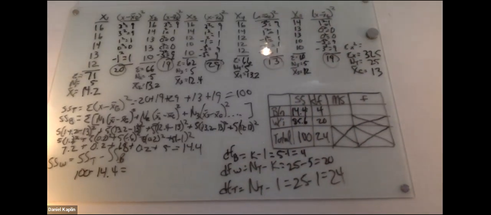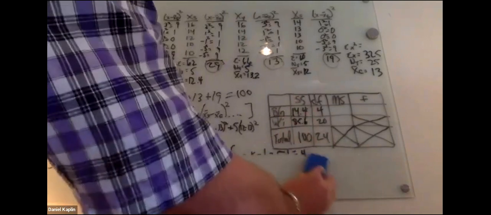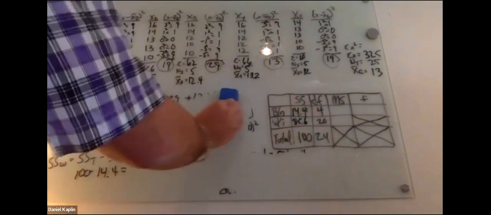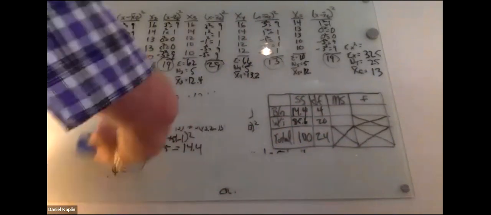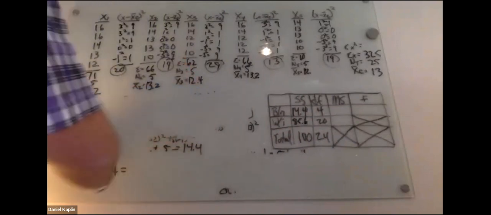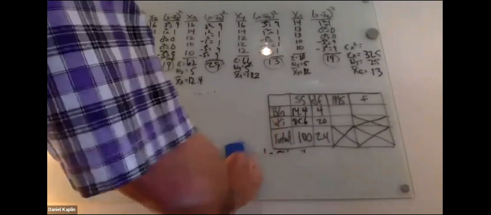The next thing we need to do is calculate mean scores. If you don't mind, I'm going to erase what I have and create space for our mean scores. And I'm going to redo this whole thing using a whole set of numbers too, which is going to be cool.